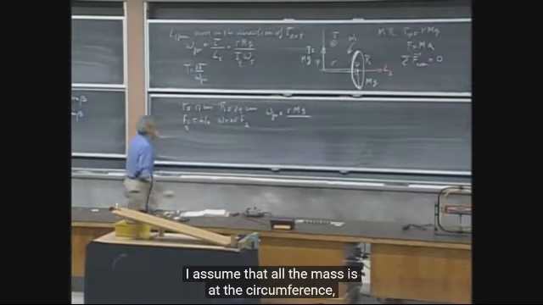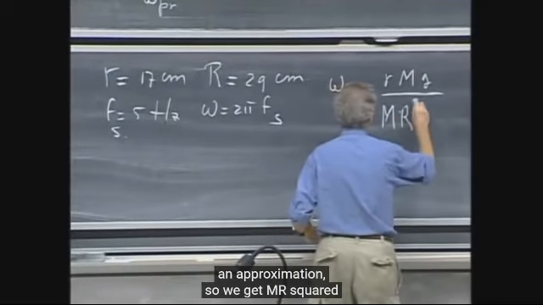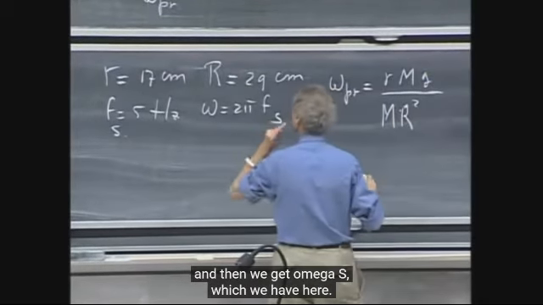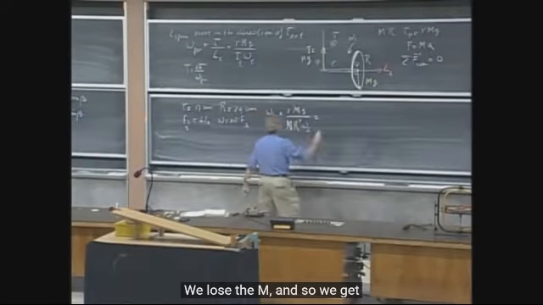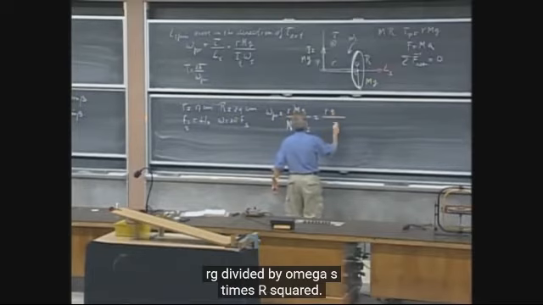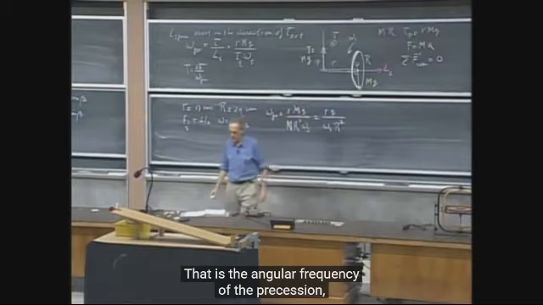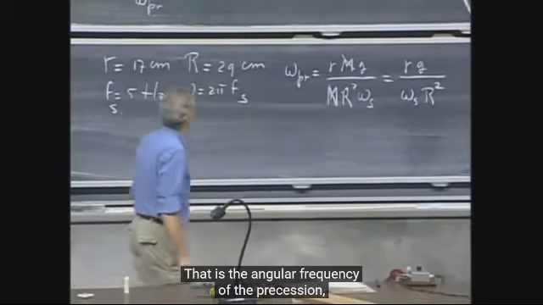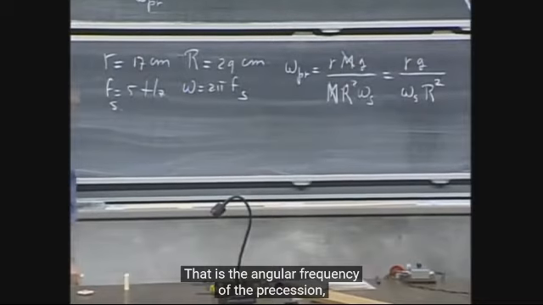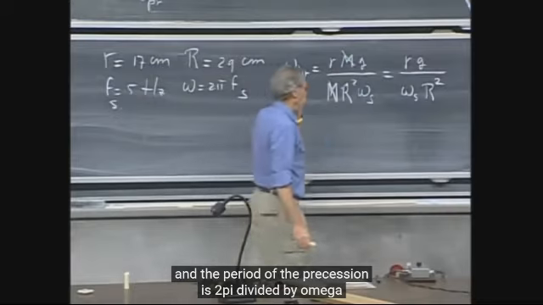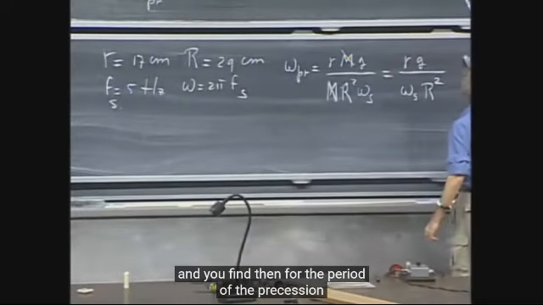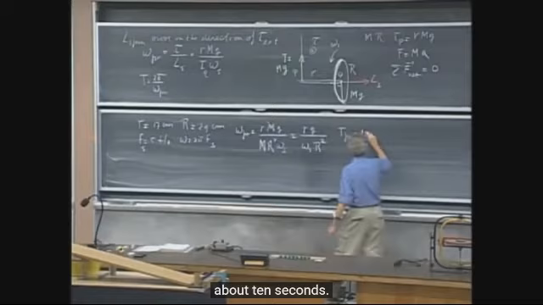I assume that all the mass is at the circumference, so we get mr squared. We lose the m, and so we get Rg divided by omega s times r squared. That is the angular frequency of the precession, and the period of the precession is 2 pi divided by omega, and you find then for the period of the precession about 10 seconds.